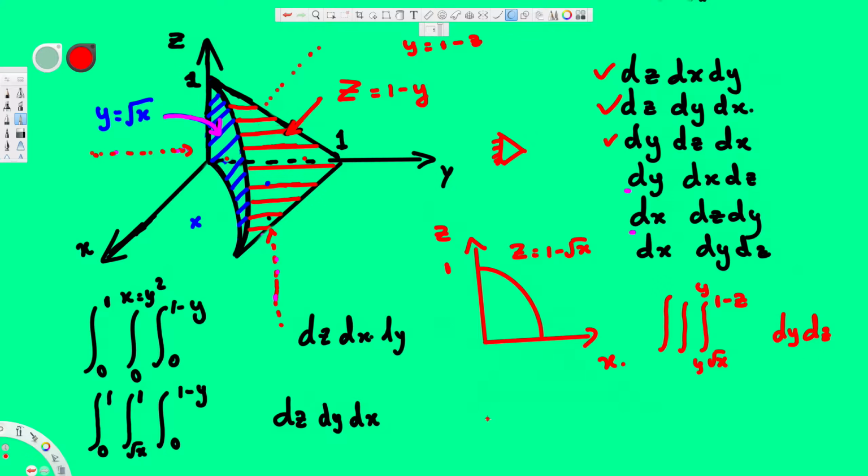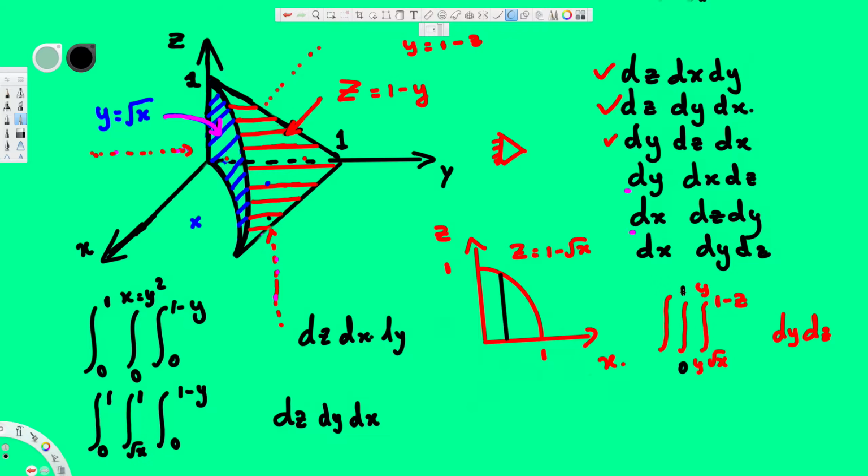This is starting at 1 and this is finishing, also at 1. Now we're integrating with respect to z, so we have to look at the inside of this graph. For z, we have to draw a vertical line. It starts from 0 and ends at this graph right here, that is given by z is equal to 1 minus root x.